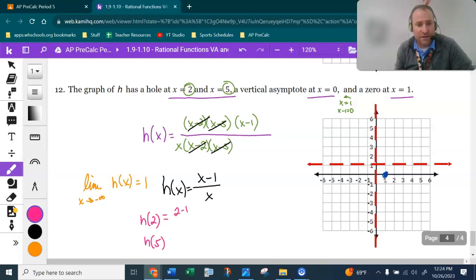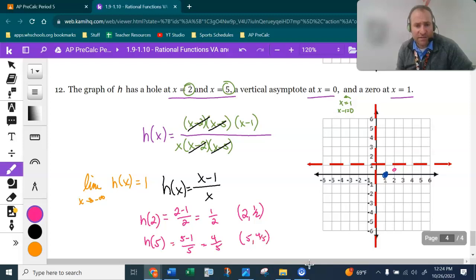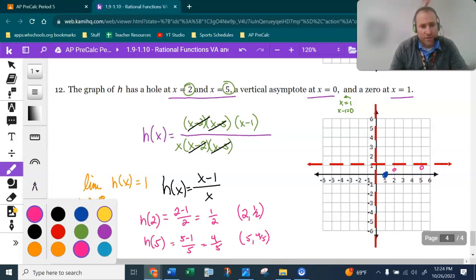So 2 minus 1 divided by 2 is 1/2. Somewhere over here at 2 comma 1/2, we're going to have a hole. Same thing, 5 minus 1 divided by 5 is 4/5. So at 5 comma 4/5, there's going to be another hole over there.